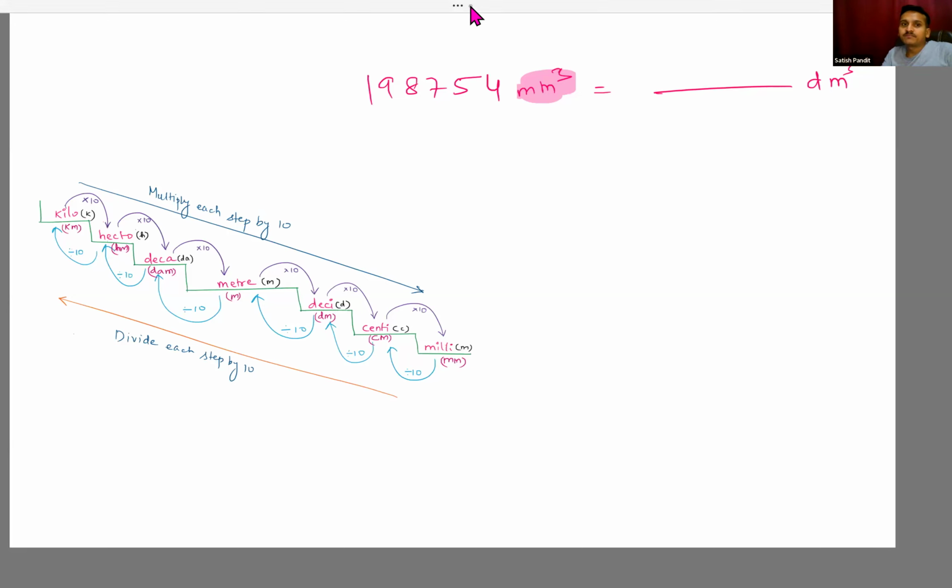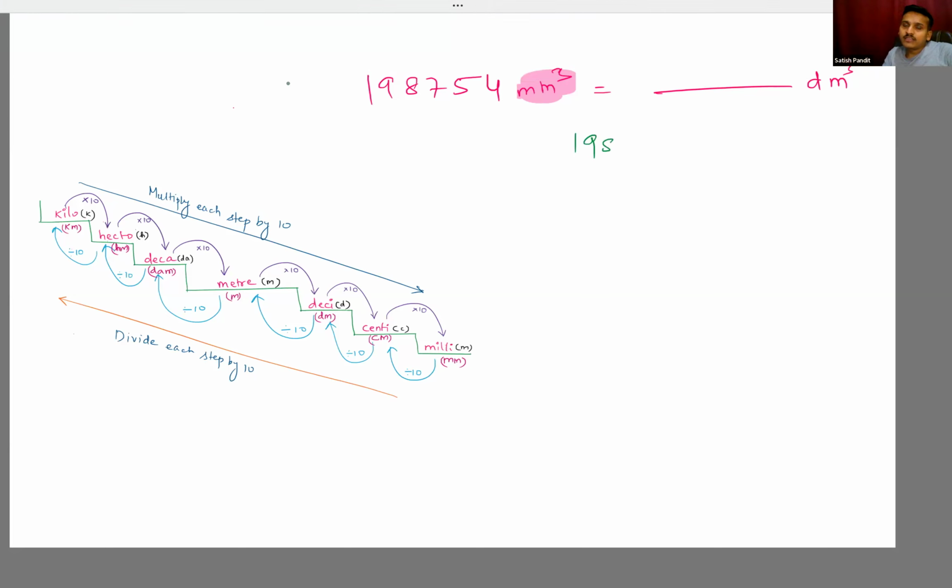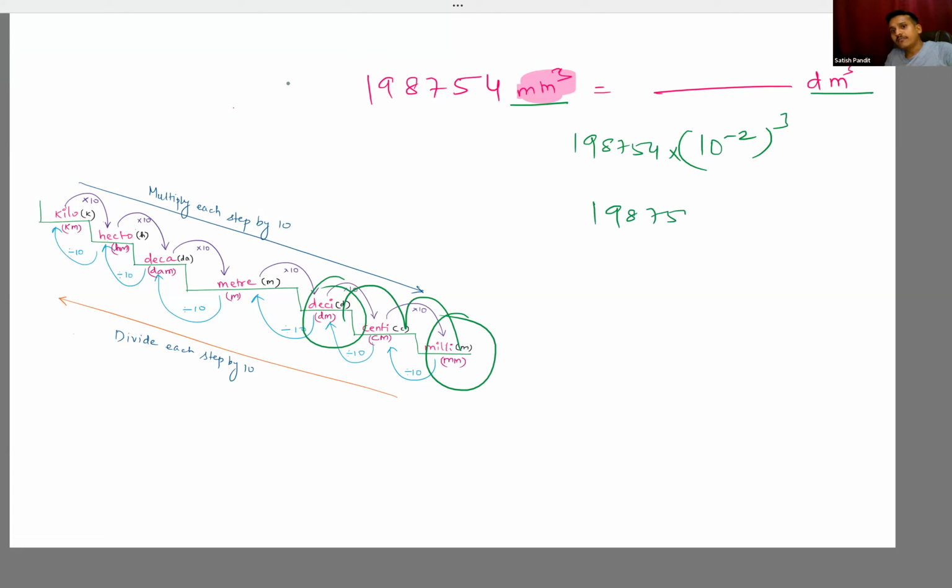So this is a constant, so I write it as it is. So 198754 into millimeter to decimeter. Millimeter is here, decimeter is here. So 2 jumps up, so 10 to the power minus 2. It is cubic, to the power 3. So 198754 into 10 to the power minus 6.